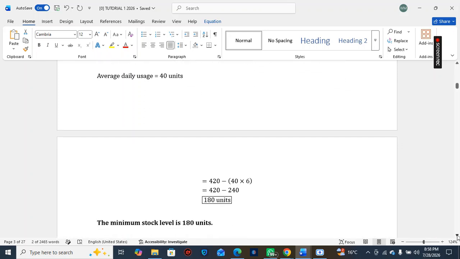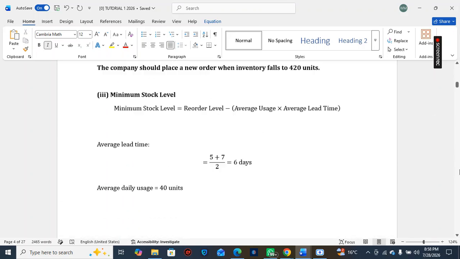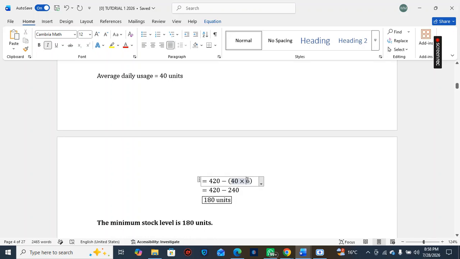So reorder level 420 minus average daily usage 40 times average lead time 6. 40 times 6 is 240. 420 minus 240 is 180 units. Any questions on that?